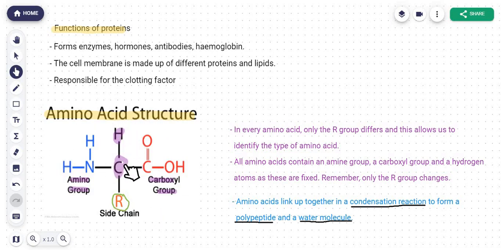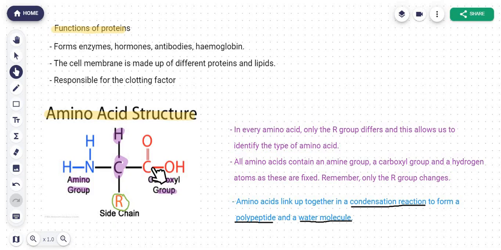So you can see that the central carbon has 1 hydrogen atom, the first bond. The second bond has an amine group, or you can call it an amino group, which is nothing but your NH2. And then the third bond is your carboxylic group, the carboxylic acid, which is your COOH.